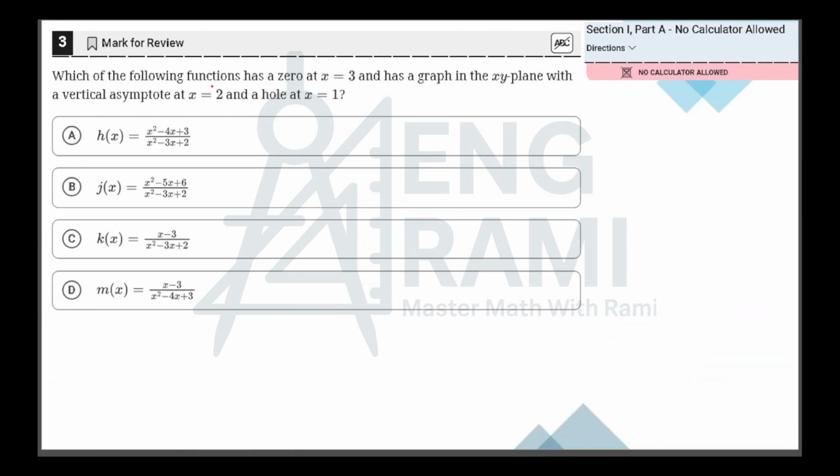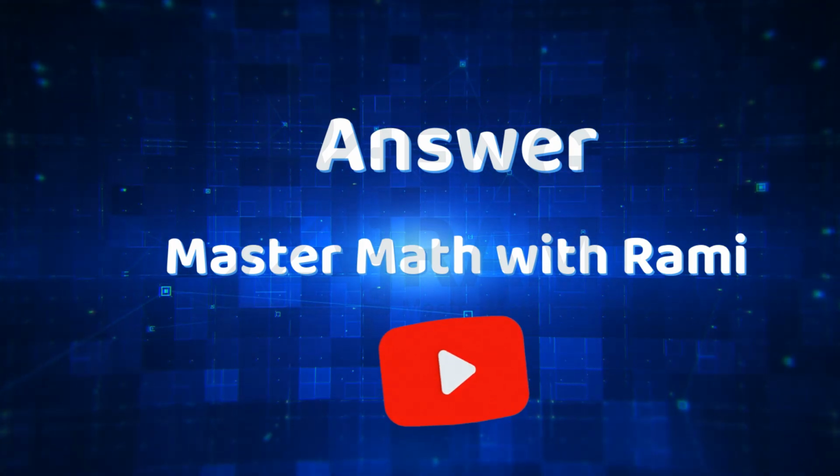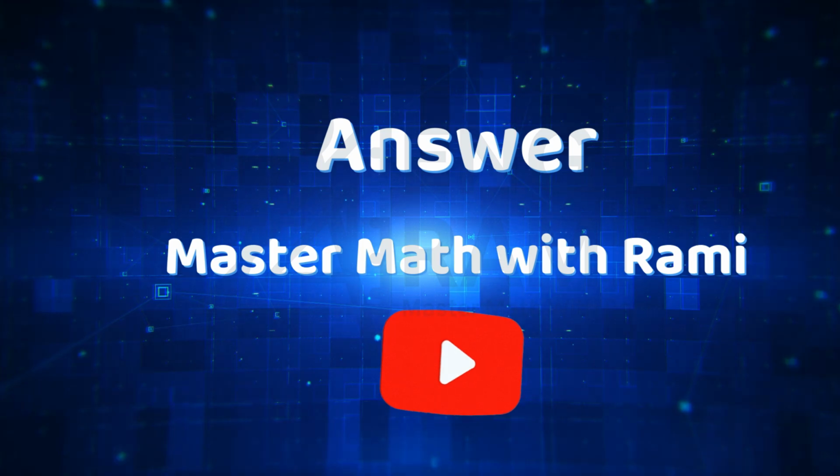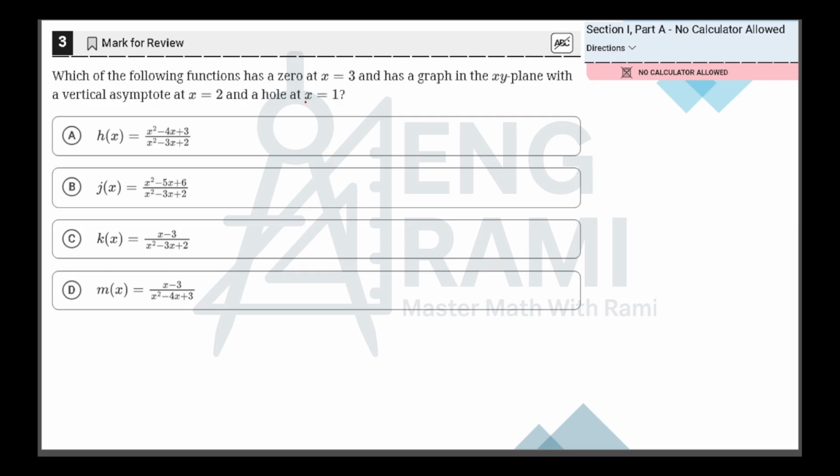Which of the following functions has a zero at x equals 3 and has a graph in the xy plane with a vertical asymptote at x equals 2 and a hole at x equals 1? What does this mean?